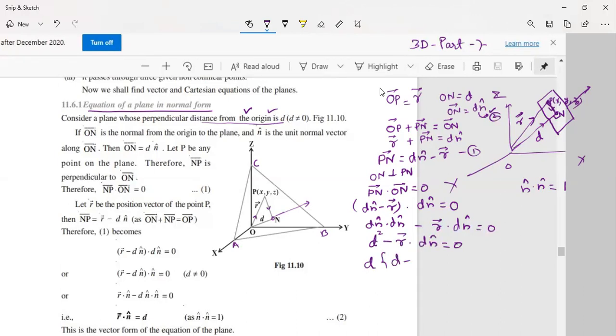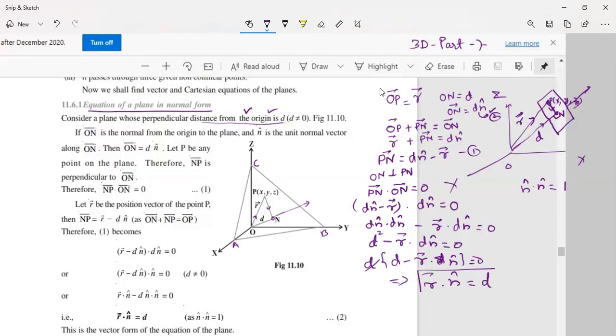We get d minus r dot n is equal to 0, so this will become 0. We get the equation r dot n is equal to d.